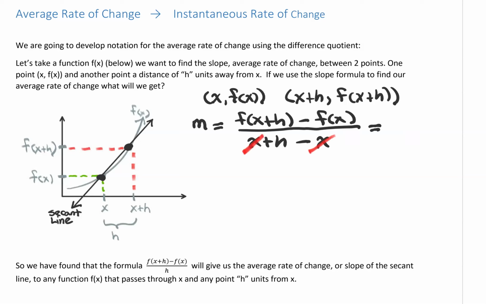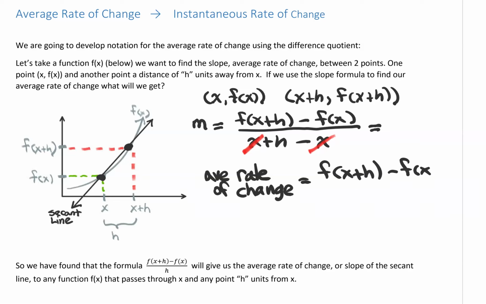So what I'll end up with here is that the average rate of change, or the slope, is equal to f of x plus h minus f of x divided by h, which is the difference quotient.